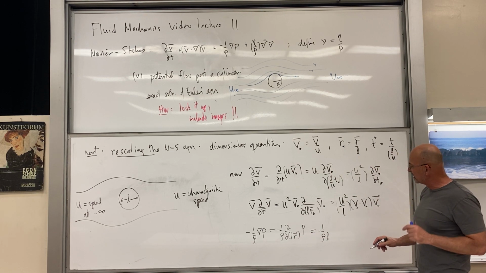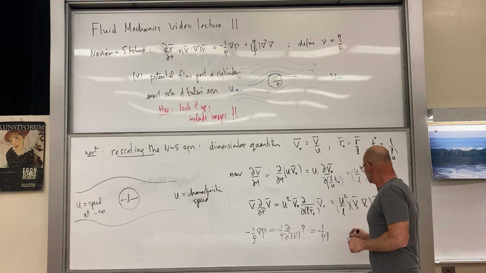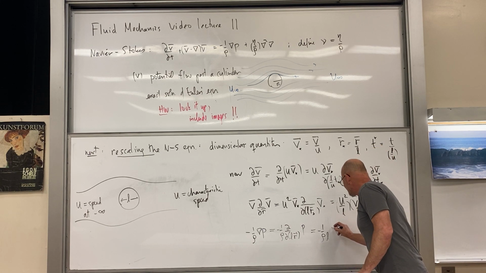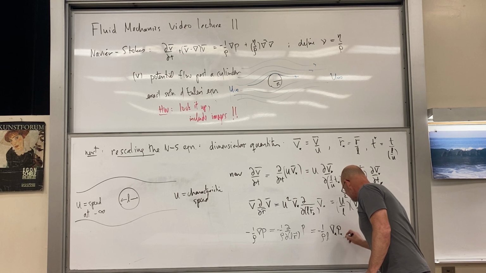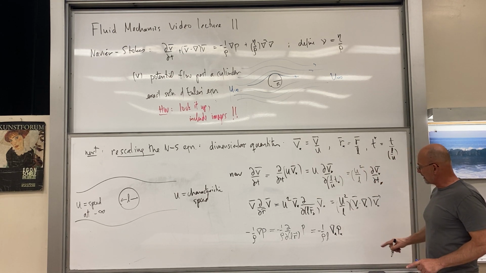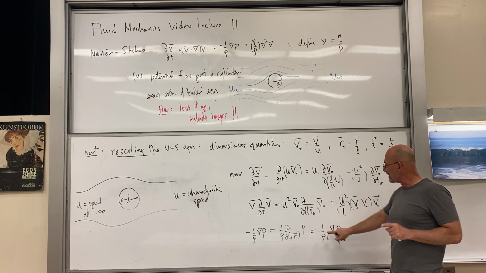And so this one I'm going to define, gradient star P star, by putting in a U squared by hand.